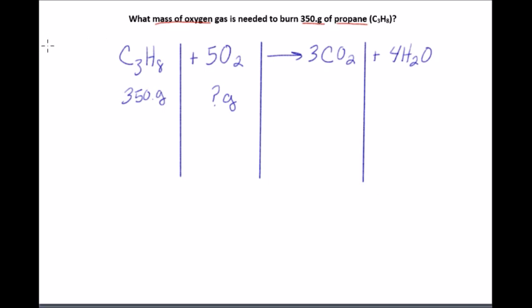Starting with propane, it's going to be 12.01 times 3 plus 1.008 times 8 hydrogens. And the total for that is going to be 44.1 grams per mole. I like to keep my units with everything so I don't forget what the numbers mean.